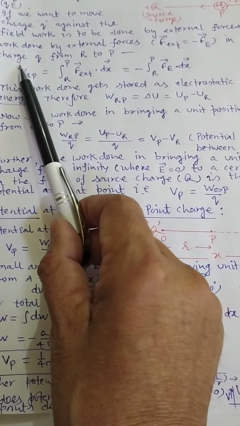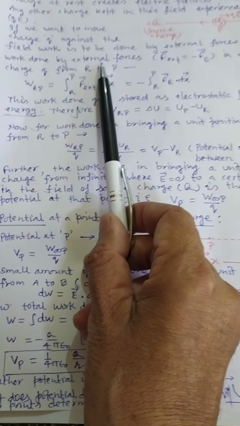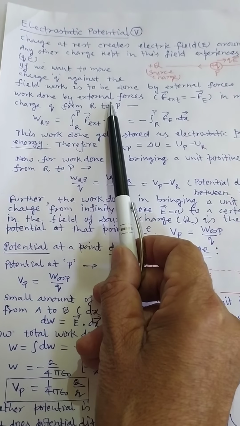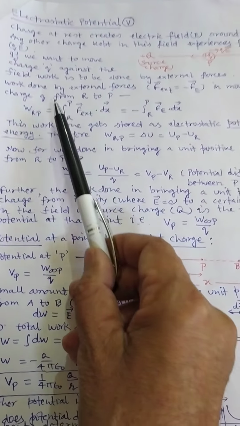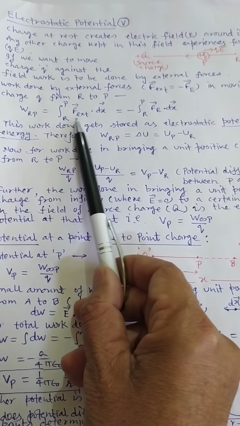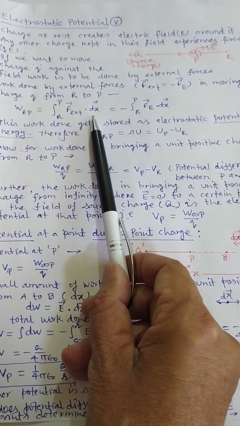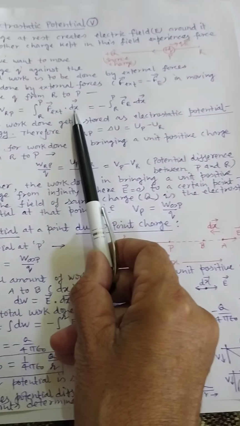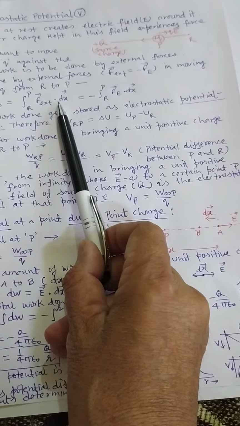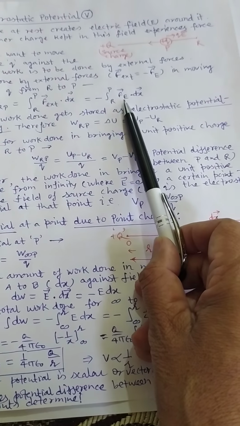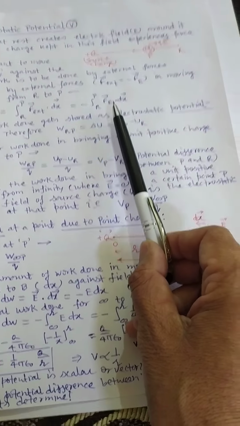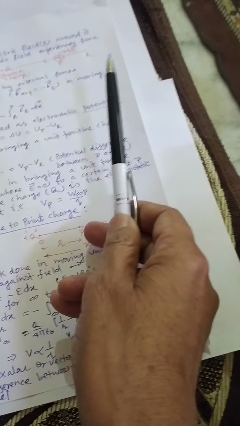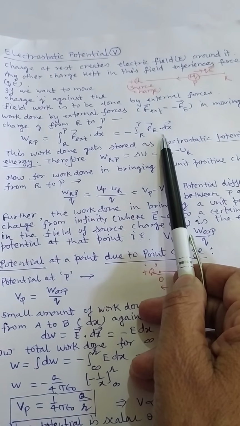So the work done by the external force in moving this charge Q from R to P will be written as force into distance.